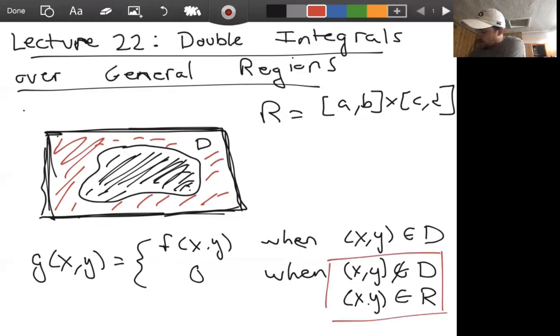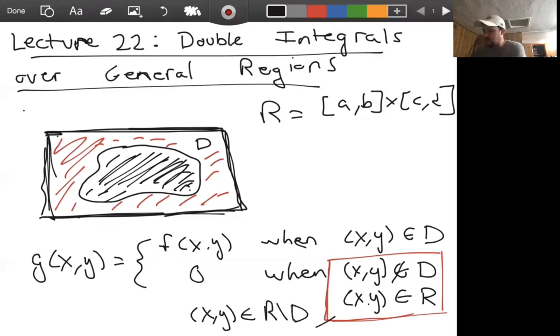It's x is in R, but x is not in D. You could also write this as x y belongs to R without D, right? And so when it's in this subset of the rectangular region here, then we'll say that it takes a value of 0.